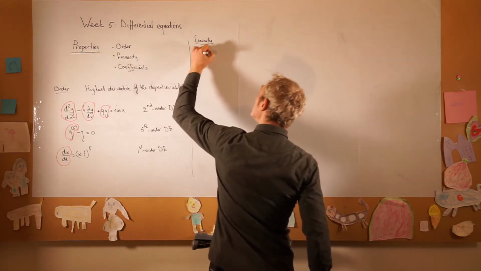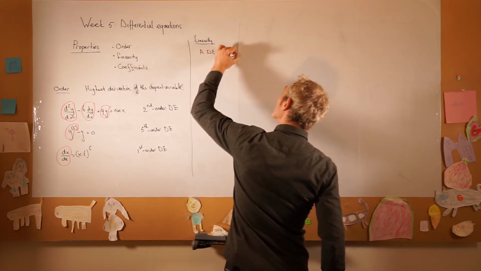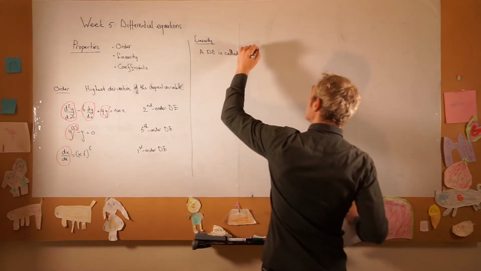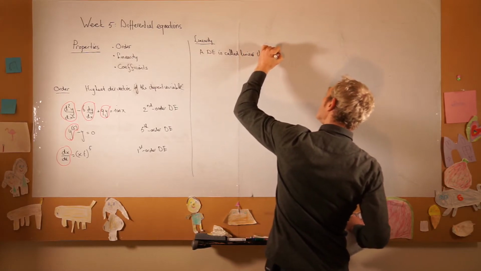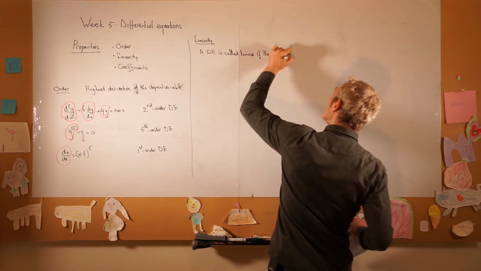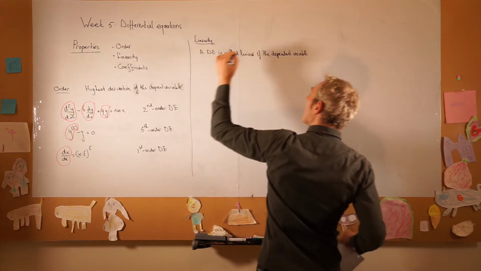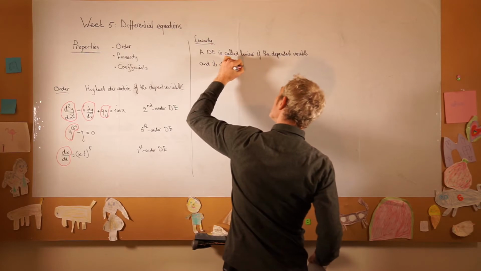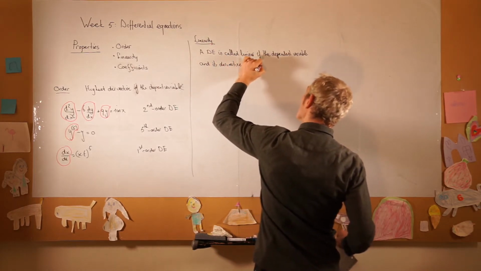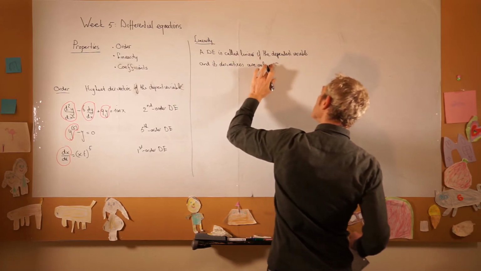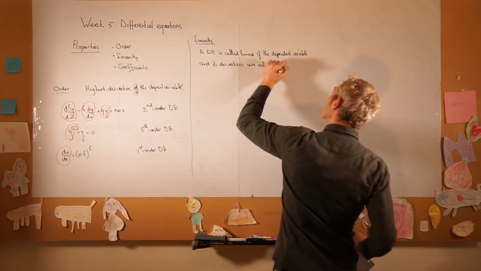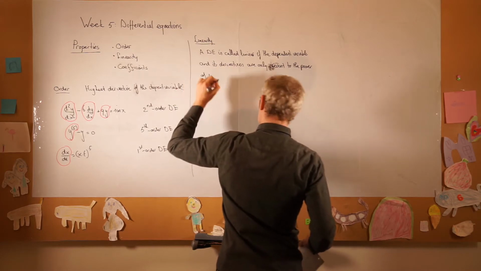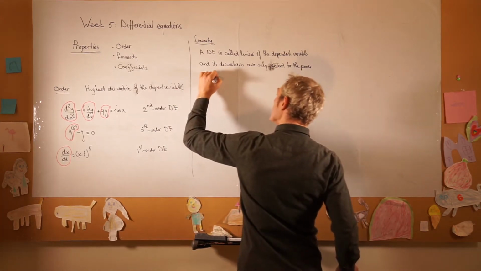A differential equation is called linear if the dependent variable and its derivatives are only present to the power of 1 and are not multiplied with each other.